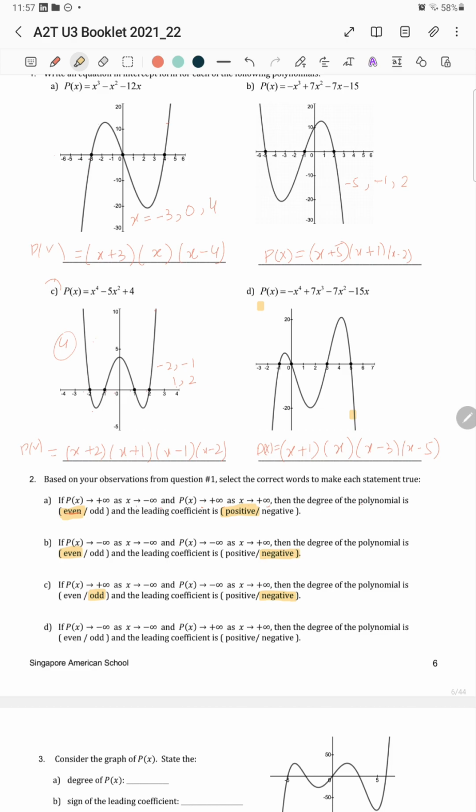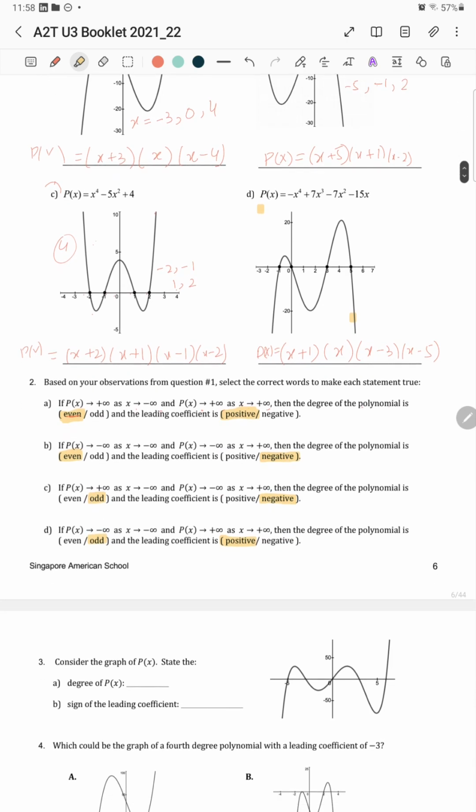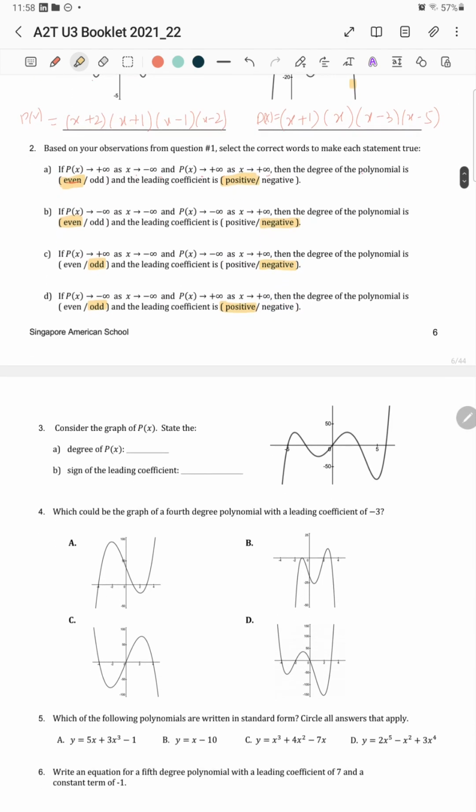The last one is p of x negative infinity when x is negative and positive when x is positive. The degree is 3, that is odd, and the leading coefficient is positive. So what we get is: if the ends behave positive, positive, it's even and positive; even and negative; odd and negative; odd and positive.